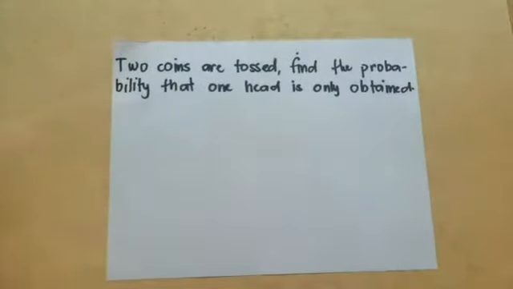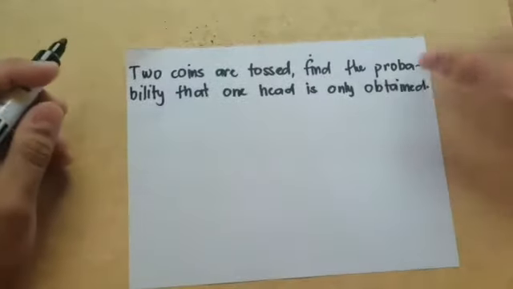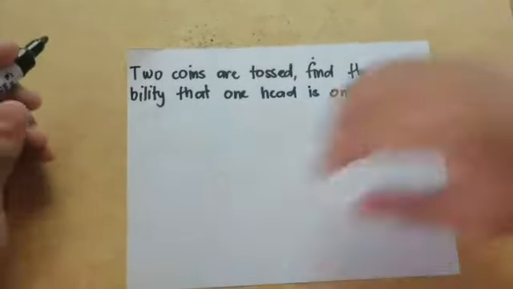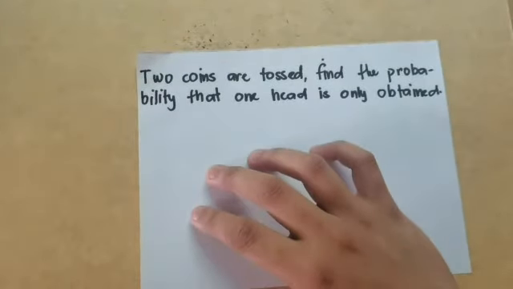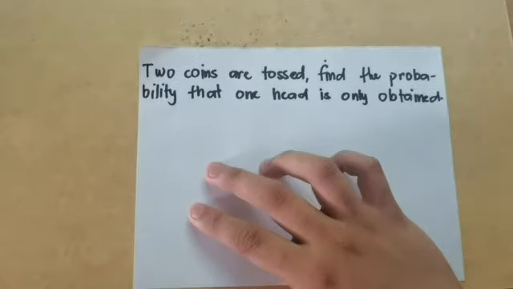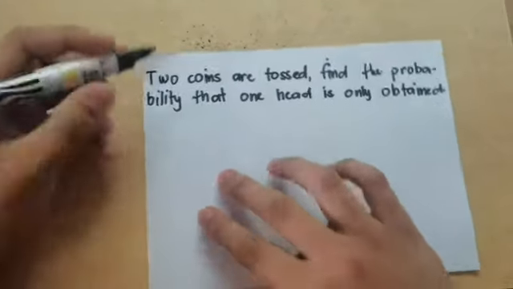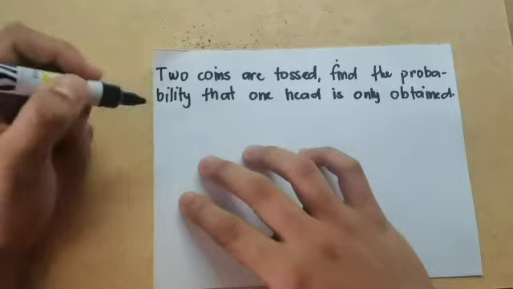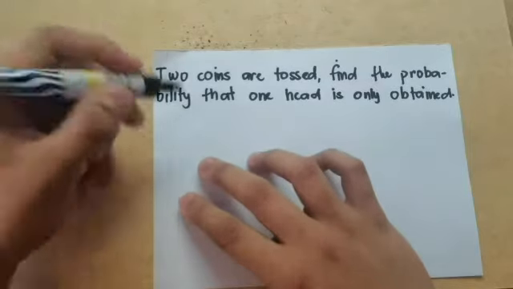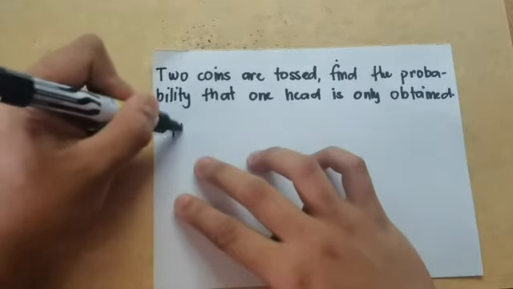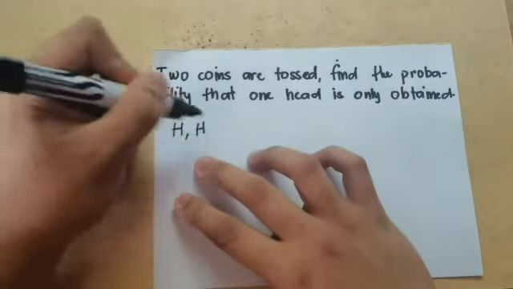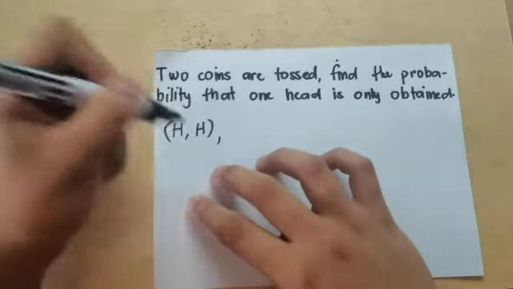2 coins are tossed. Find the probability that only one head is obtained. So in this problem there are 4 different outcomes. One outcome could be that the 2 coins are heads and heads.